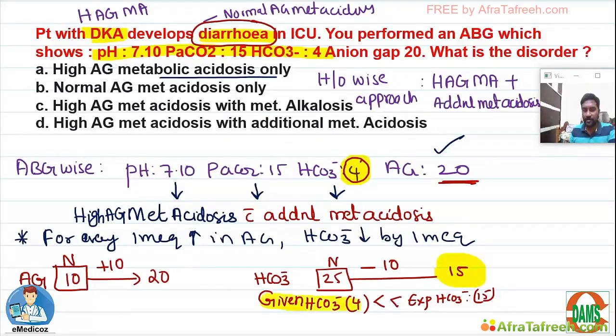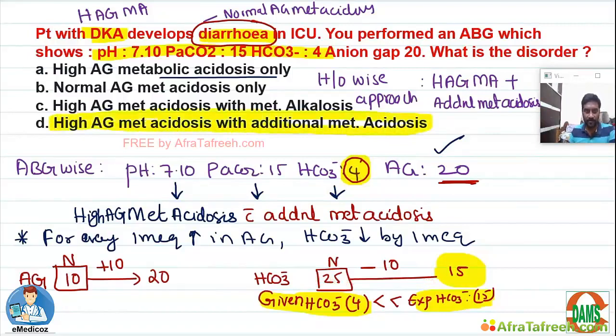So the given bicarbonate is very much less than the expected bicarbonate. There was some other disorder which has decreased the bicarbonate very much. Any disorder that decreases bicarbonate in excess is an additional metabolic acidosis. So the complete answer is high anion gap metabolic acidosis with additional metabolic acidosis.